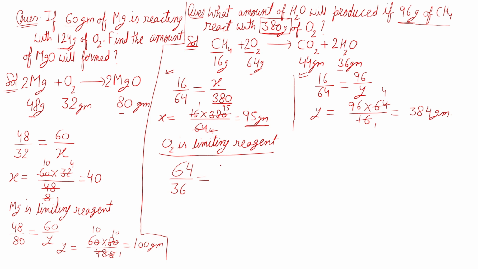But now we have 380 gram of oxygen present there. So Z, we are assuming, is the amount of water that will be produced there. So we have to find this Z value. So simple it is.